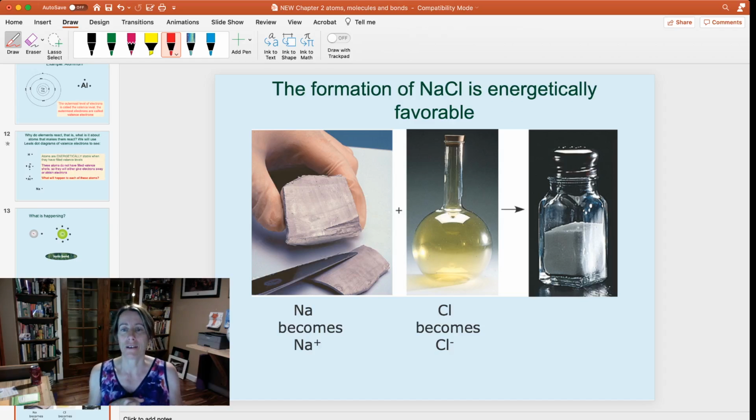So although salt has sodium in it and chlorine in it, it's not sodium atoms and it's not chlorine atoms. It's sodium ions and chloride ions, where the outer shells of those particles are now full of electrons, and it becomes super, super stable, and it doesn't behave like sodium anymore, and it doesn't behave like chlorine anymore.